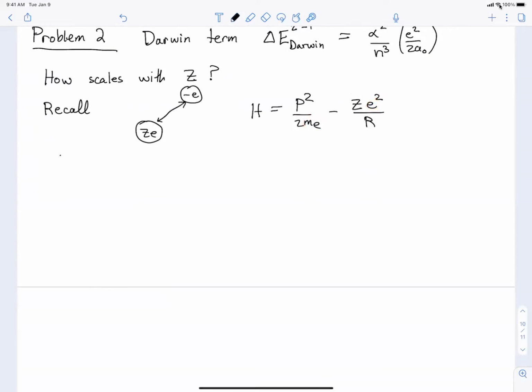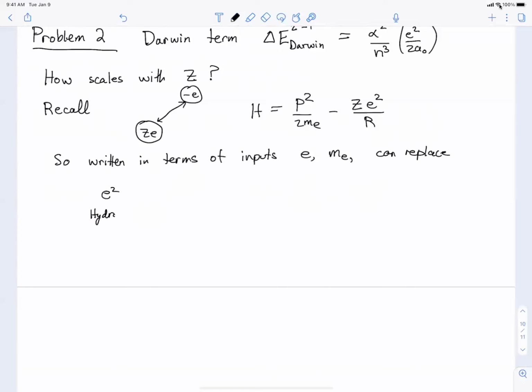And so the moral of the story is, written in terms of the inputs of the problem, the inputs being electron charge and electron mass, you can replace e squared in the hydrogen atom with Ze squared for a general atom.